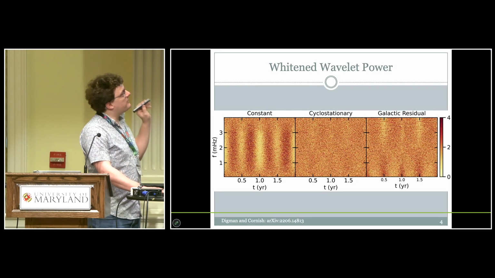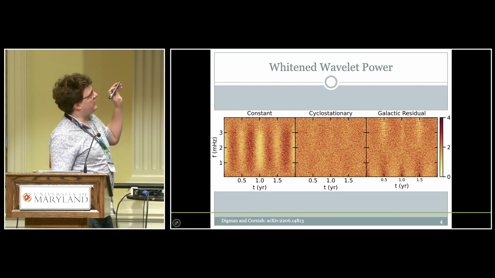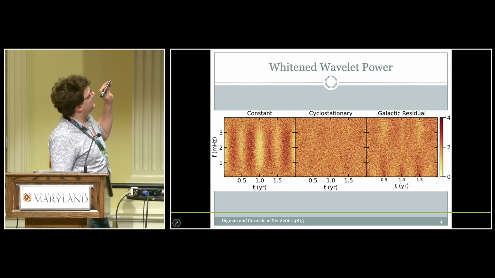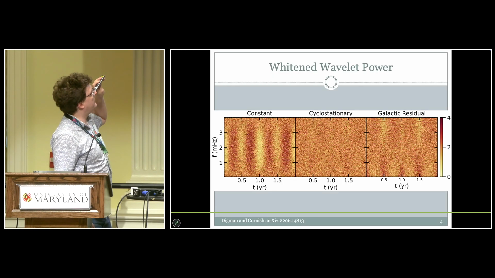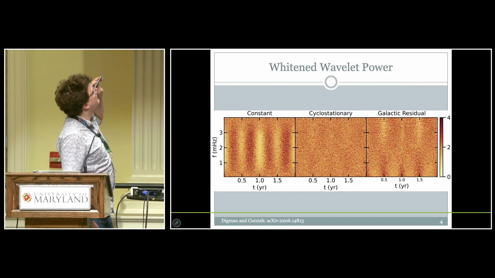Okay. So I wanted to show what the kind of signal looks like. If you ignored the cyclostationary component, I think Neil had maybe this exact figure, or an excerpt, in his talk, but like a screenshot.